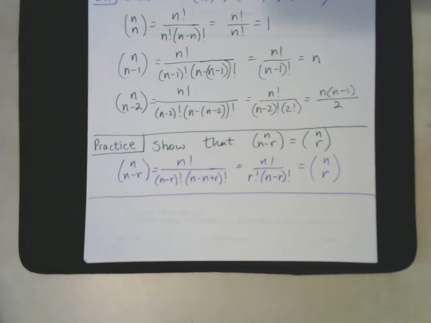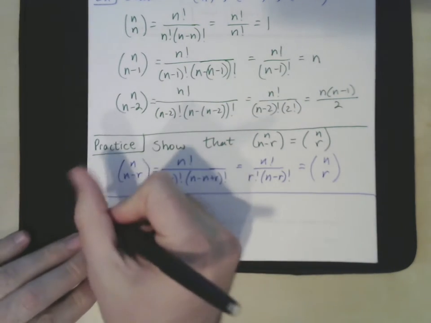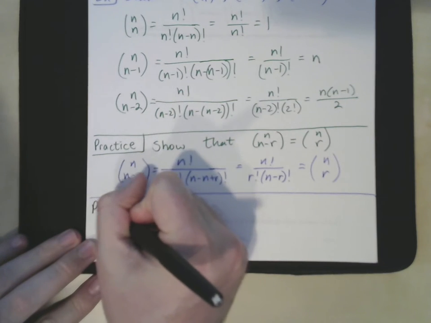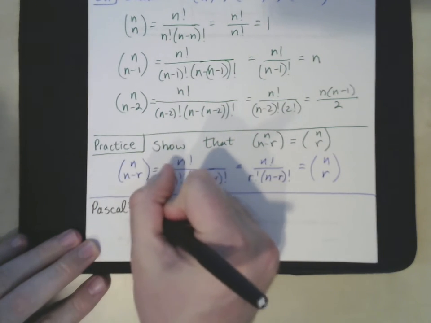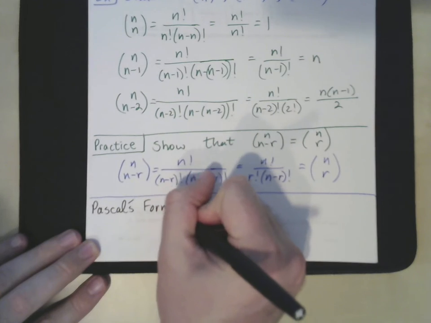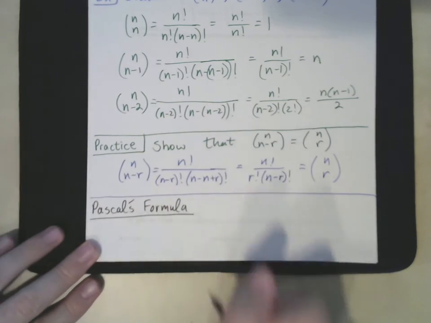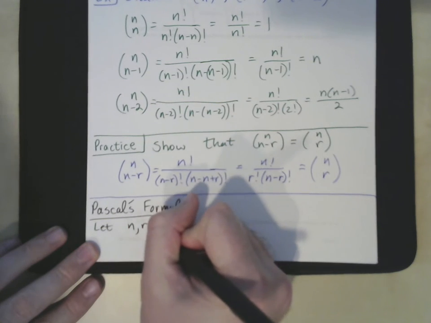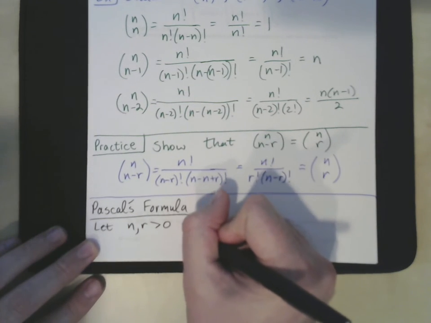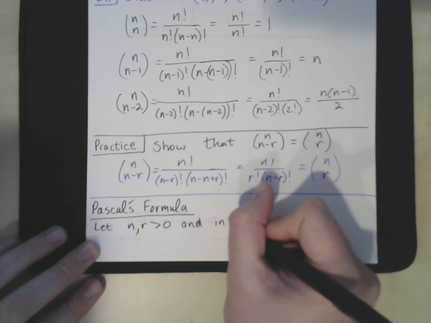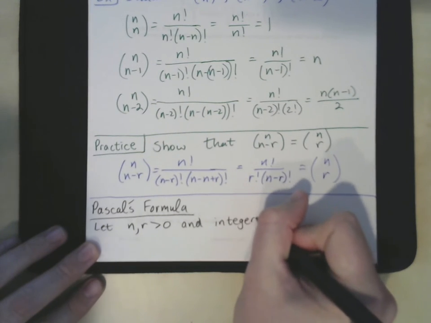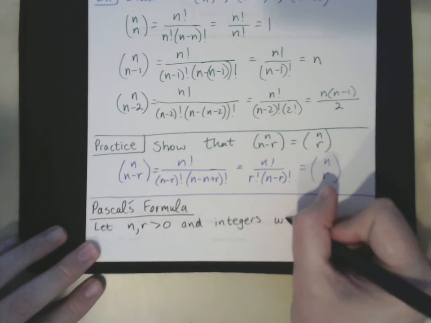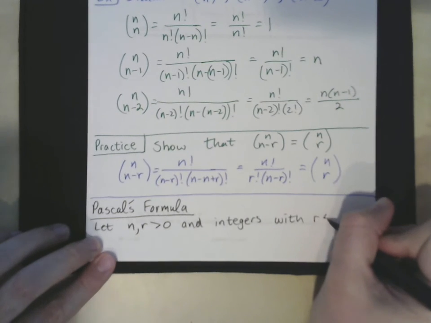So what Pascal's formula says: let n and r be integers greater than 0, with r less than or equal to n.